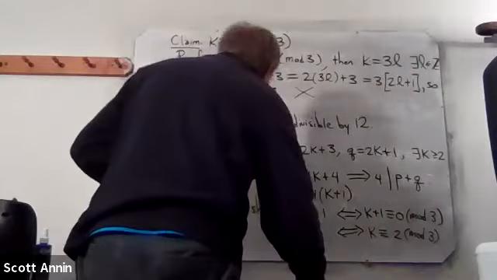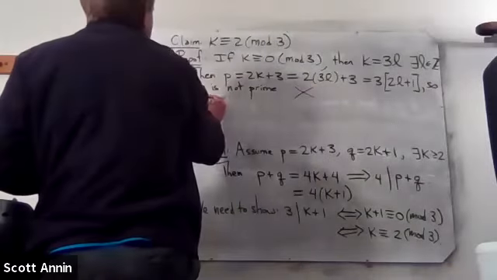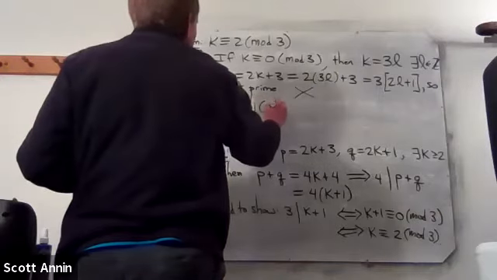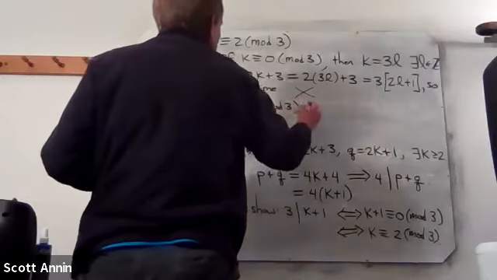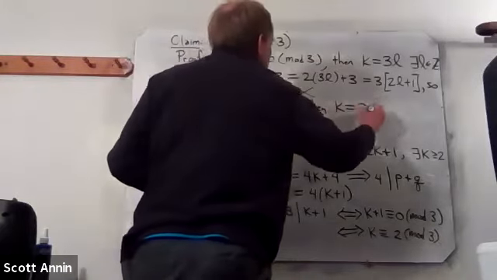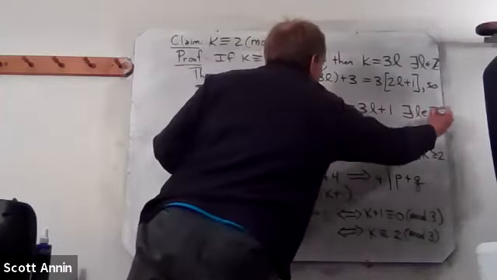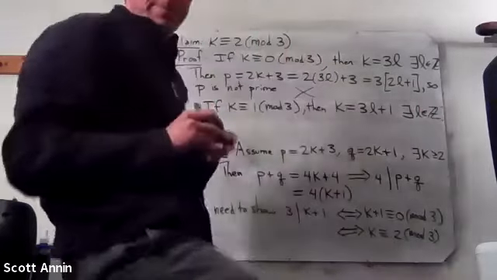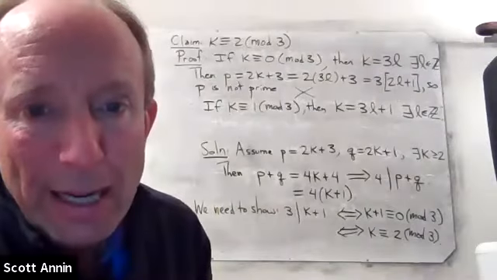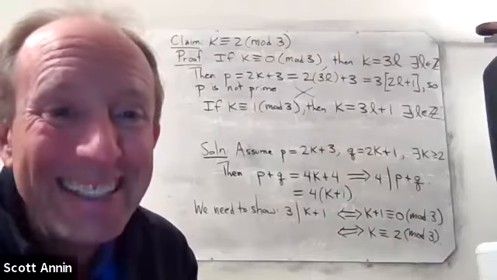So then let's go to the other possibility. If k is congruent to 1 mod 3, well, then I'm just going to write k as 3L plus 1 this time, again for some integer L. And any thoughts what maybe I'm going to do this time?